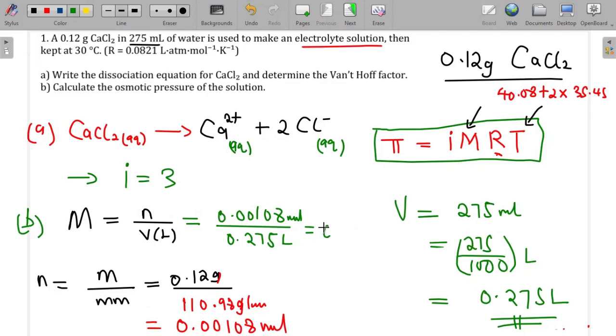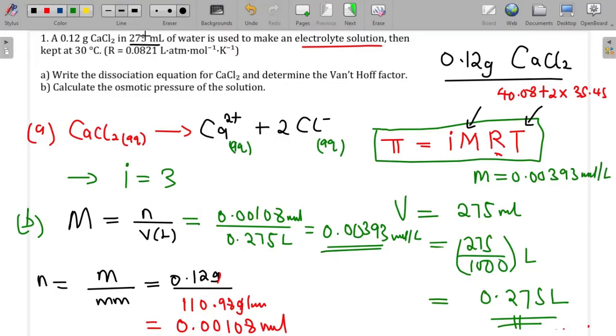Confirm with your calculator: 0.00393 moles per liter. So this is my molarity. I can write my M as 0.00393 moles per liter.